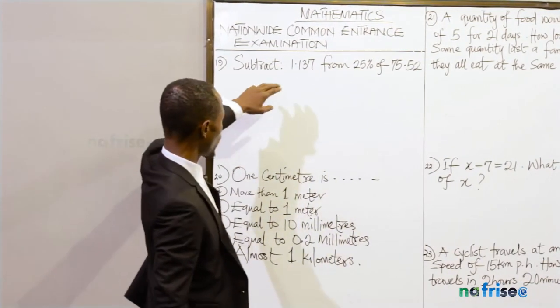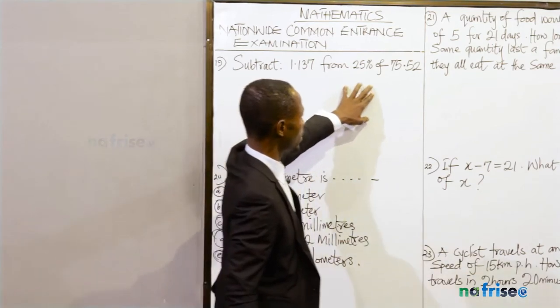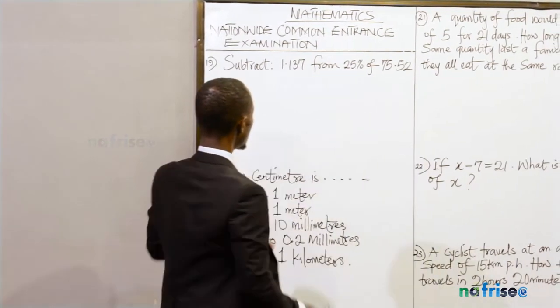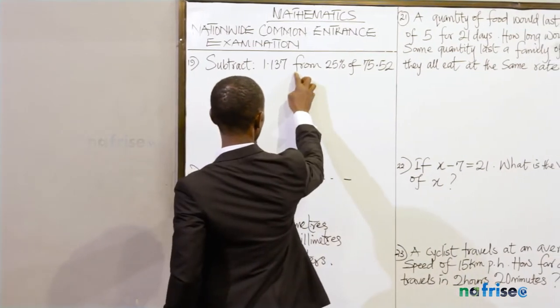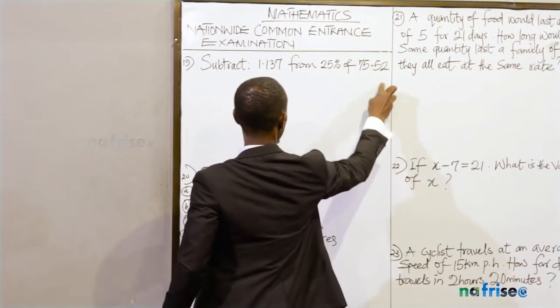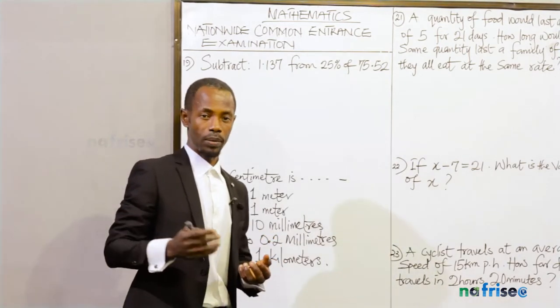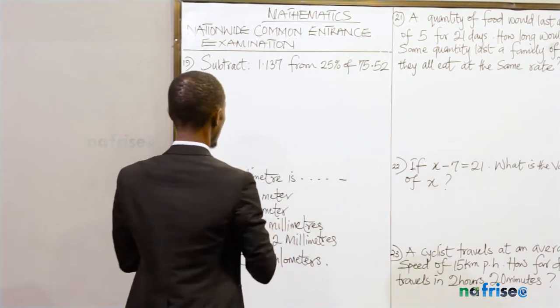It says subtract 1.137 from 25% of 75.52. They say you should take this one away from 25% of this. Actually, the question might look strange. This is the best way to write it.